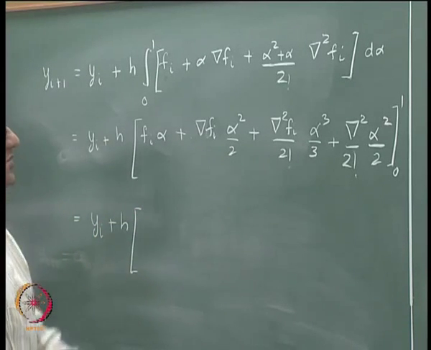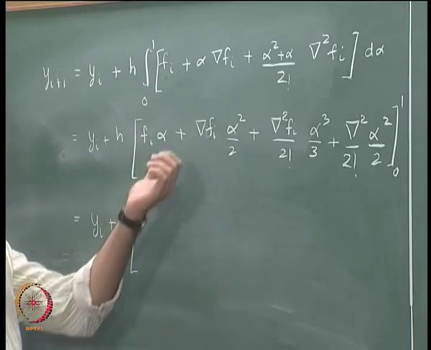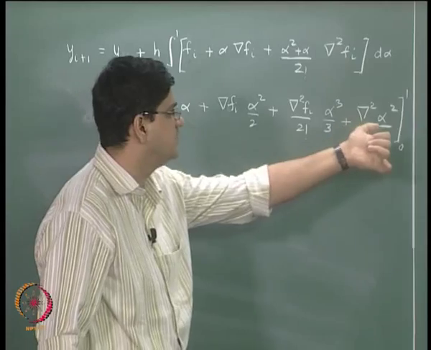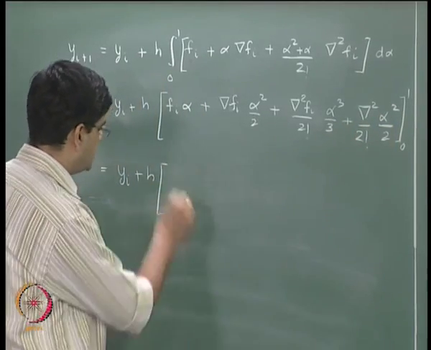Since alpha goes from 0 to 1, the difference is just going to be equal to, this is going to be 1, this will be replaced by 1, this will be replaced by 1, and this also will be replaced by 1.